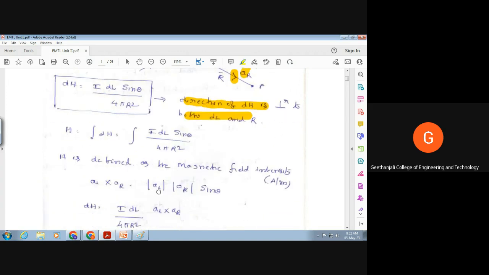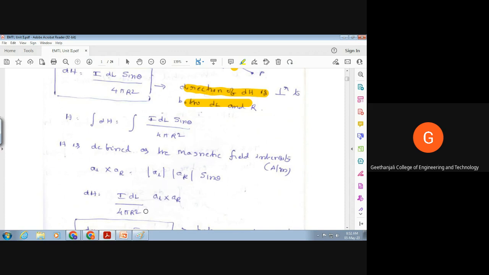So dH is equal to I dl by 4 pi r square, and the sin theta and the direction of dH is now taken care of by aL cross aR, because when you expand aL cross aR, it is sin theta into the direction of dH, which is perpendicular to both dl and r.